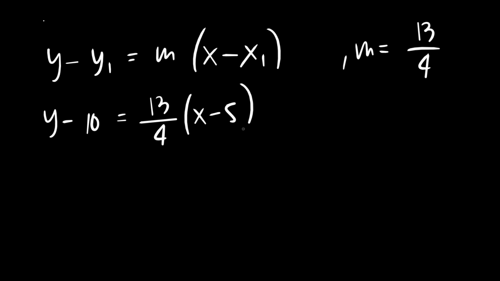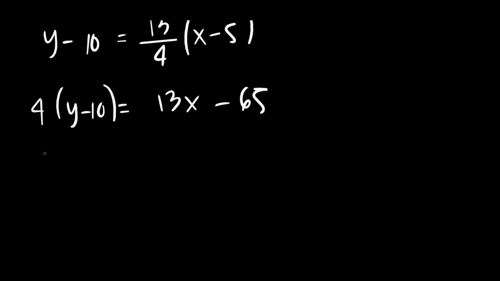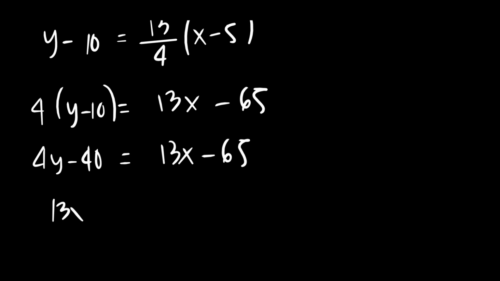So we have 4 multiplied by y minus 10 is equal to 13 times x minus 5. So 13 times 5 is 65. So we have 4y minus 40 is equal to 13x minus 65. So just have 13x minus 65 minus 4y plus 40 is equal to 0.